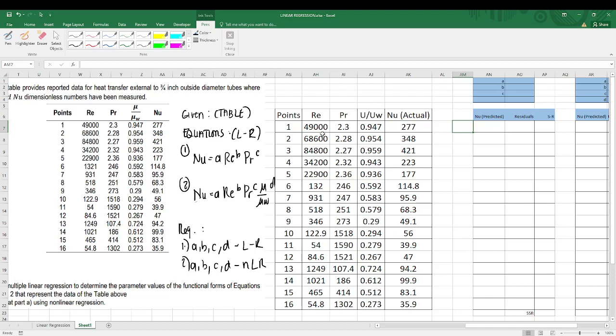And we have another data for Reynolds, the Prandtl, and the viscosity ratio. And maybe if we don't have a tool for solving the Nusselt, we could use the following formula. So the predicted data should be closer to the actual.